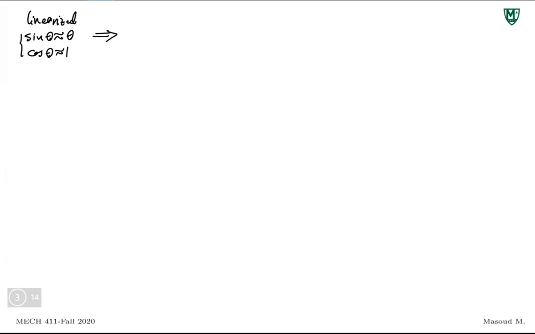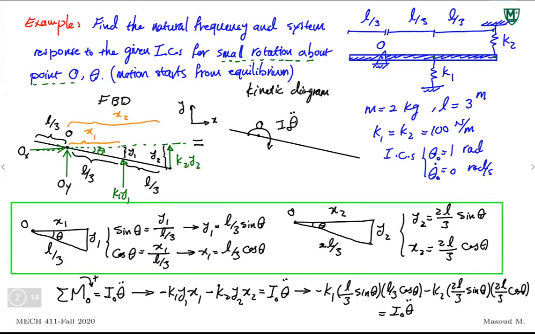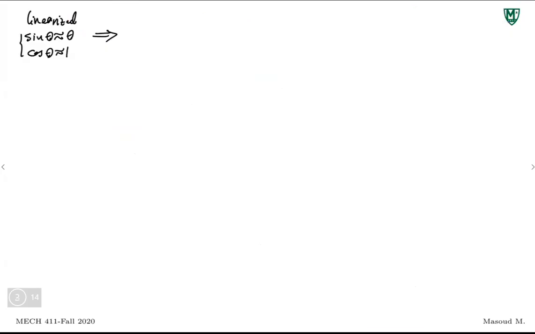If you do that, then look what we had here. We had L over 3 sine theta, which gives us L over 3 theta. L over 3 cosine theta becomes L over 3. So this becomes minus K1 L over 3 squared times theta.